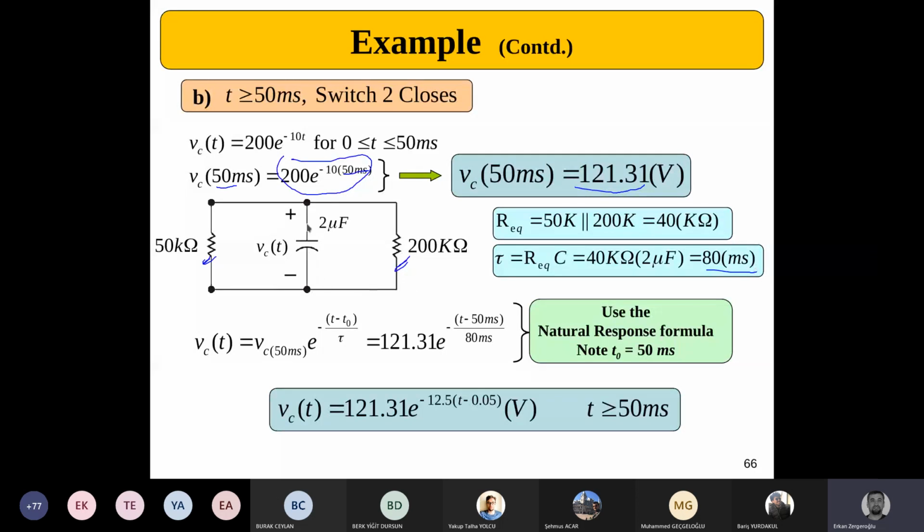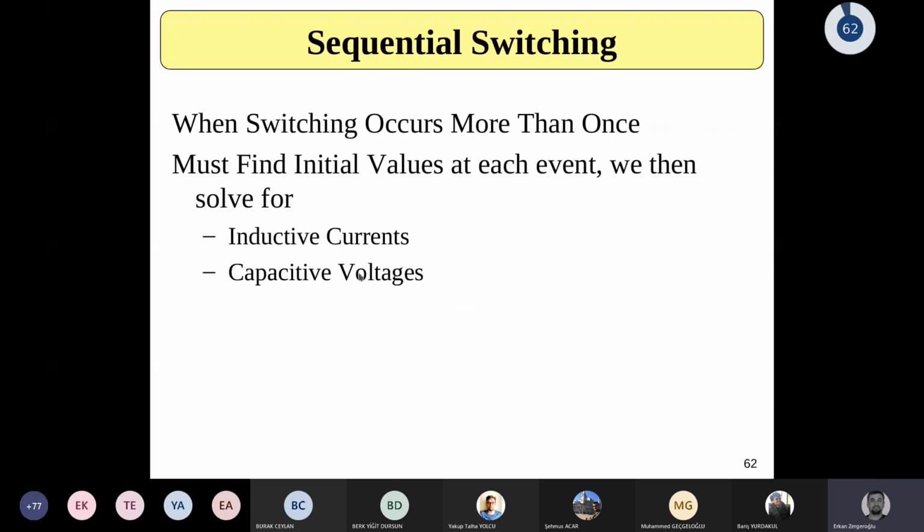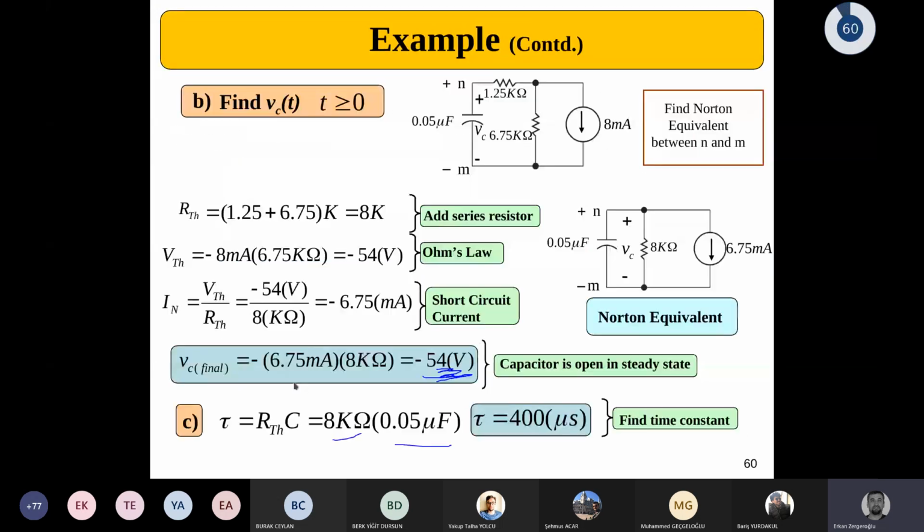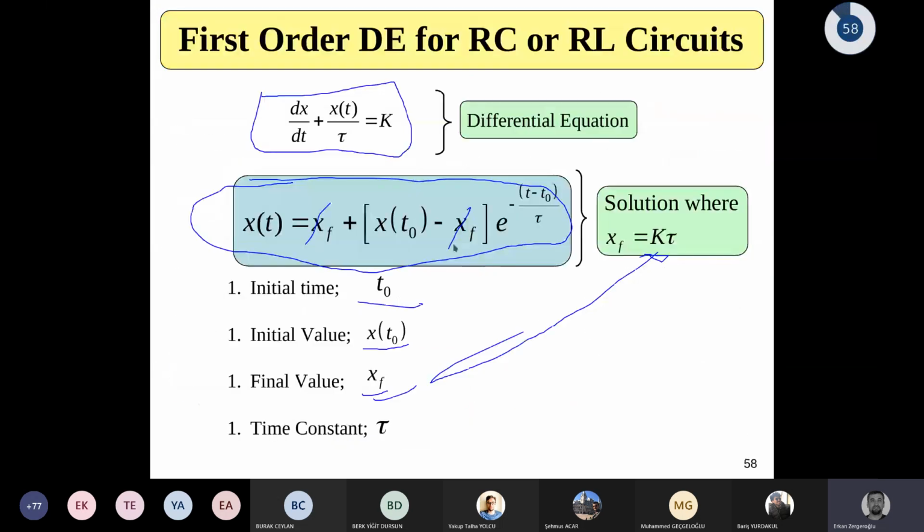For the final value, if you look at the circuitry, there is no external source, so the final value of the voltage across the capacitor will be 0. You can assume this like a natural response, or go back to this equation, say the final value will be 0, and plug in the values.